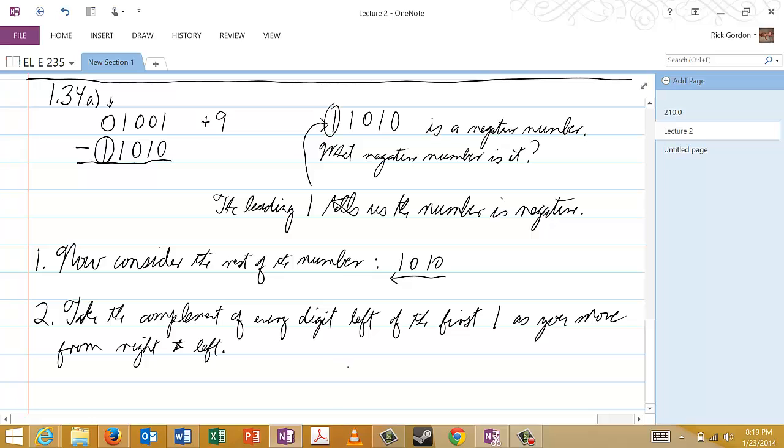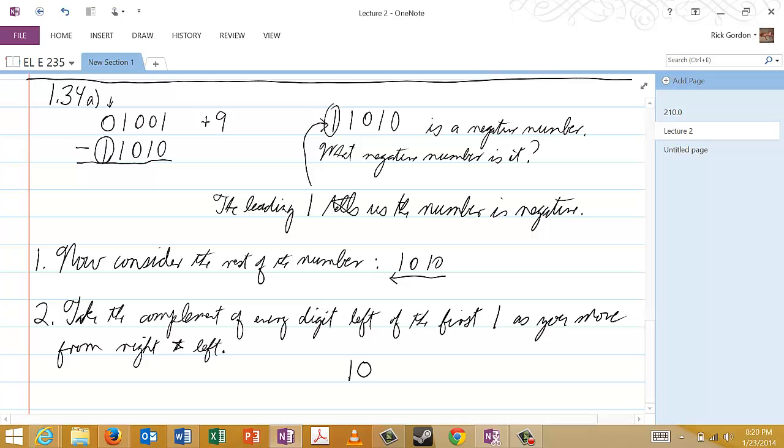So we can write down, we'll still have 0. Now the next number as we continue to move from right to left is 1. So now we're encountering our first 1. Now we don't complement anything yet. We complement everything to the left of that first 1. So we go ahead and put down the first 1, but now everything else will be complemented.